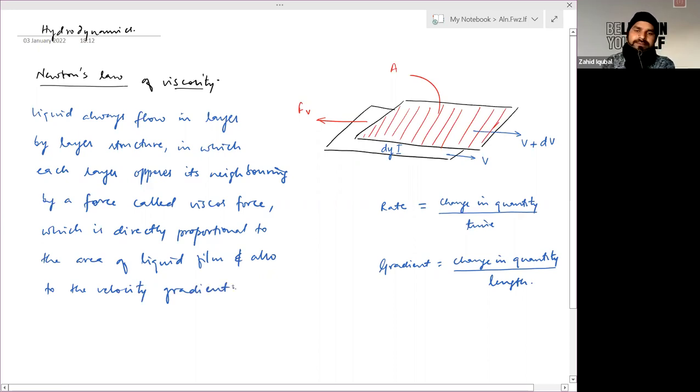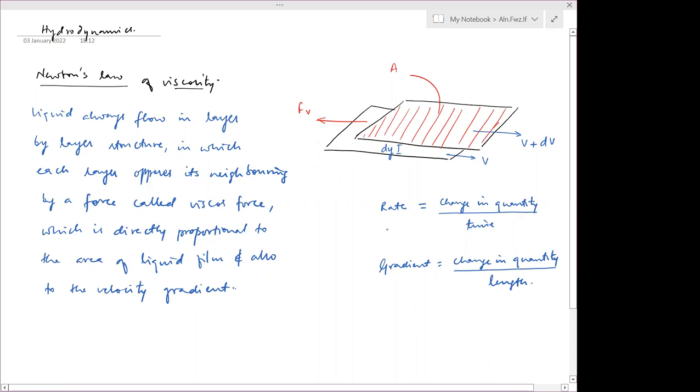Ifra, is it clear? Yes, sir, it is clear. Okay, just write it down.